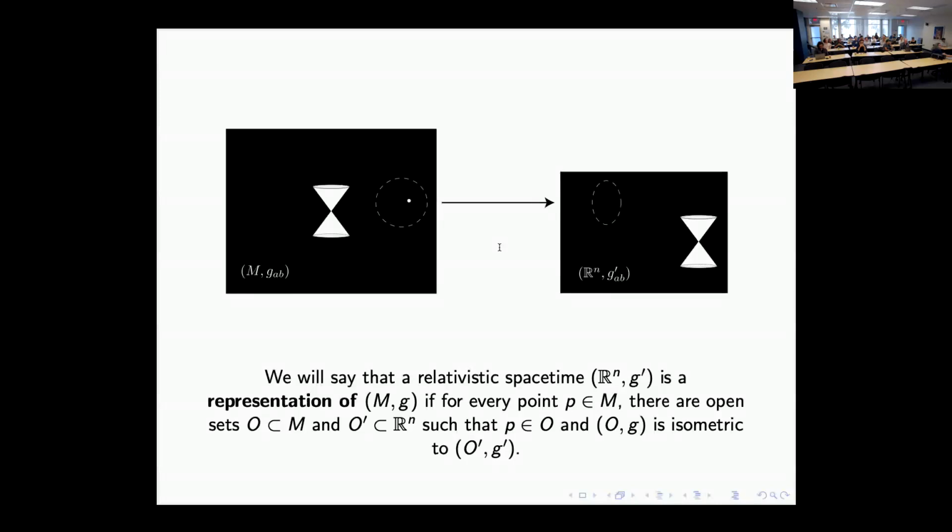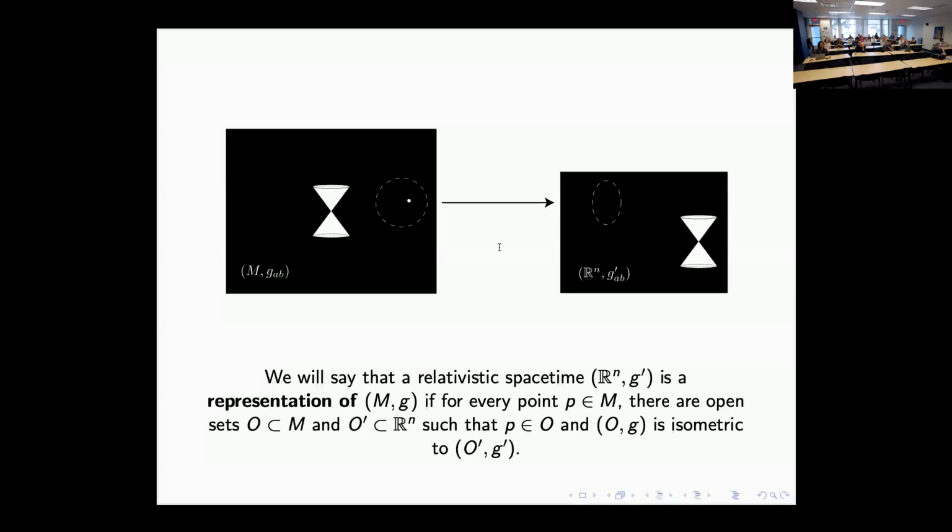So, an important definition. We will say that a relativistic spacetime Rn, G prime is a representation of M, G if for each point P in M, there's an open set O containing P and some open set O prime subset of Rn, such that when I restrict the metric G to O and restrict the metric G prime to O prime, the result is isometric spacetimes. O, G and O prime, G prime are isometric.